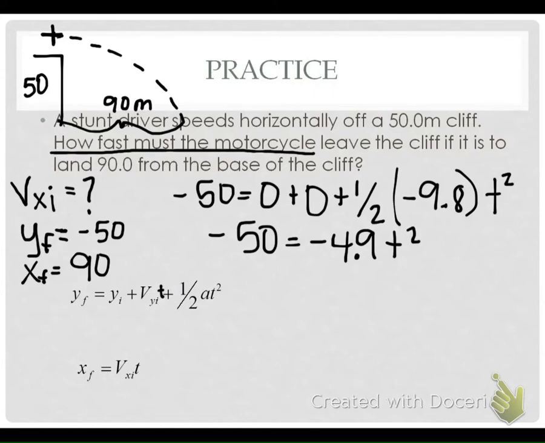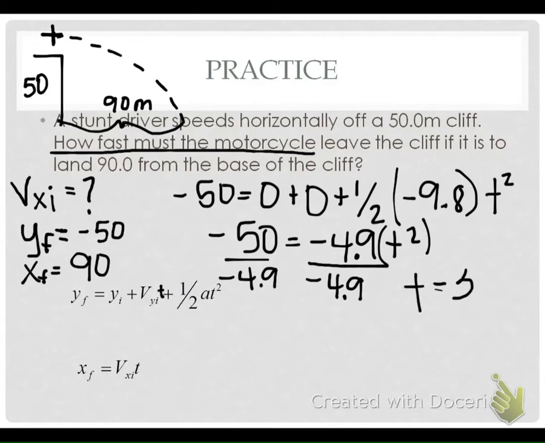How do we get t? We divide by negative 4.9, because that 4.9 is connected to the t squared. We can't get rid of it if we don't divide it over. Tell me what we get for our final time.